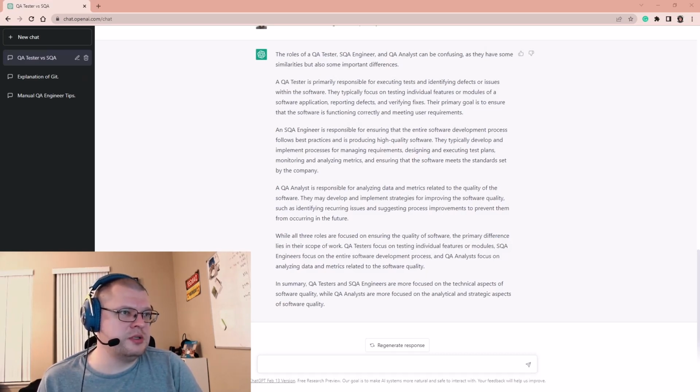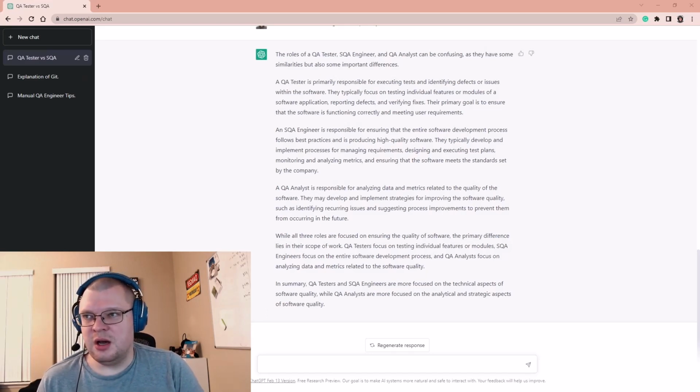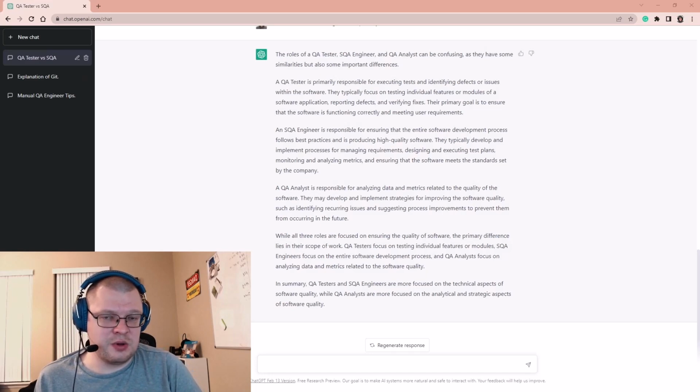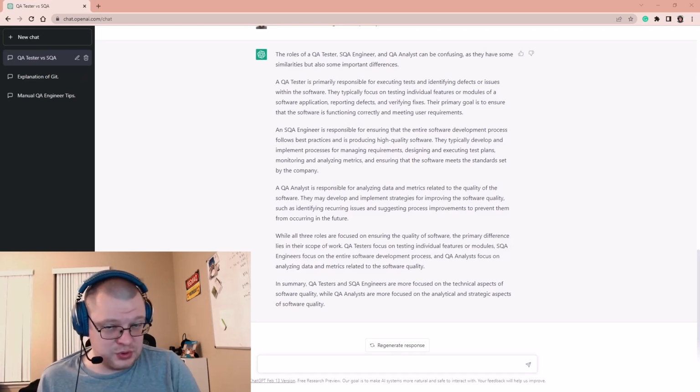The primary goal is to ensure that the software is functioning correctly and meeting user requirements. So essentially, what this says is a QA tester is a person that tests products against the requirements. They do a lot of hands-on verification, making sure that features are working as they're supposed to.